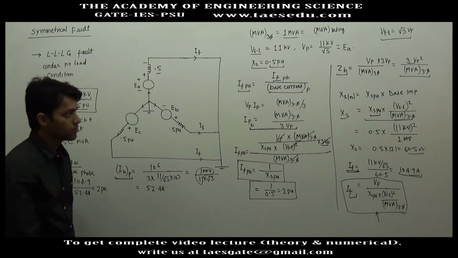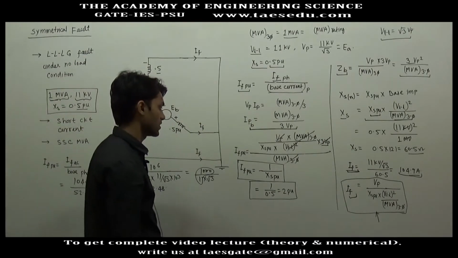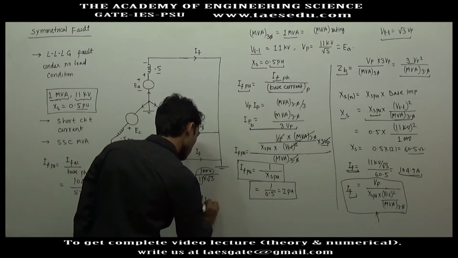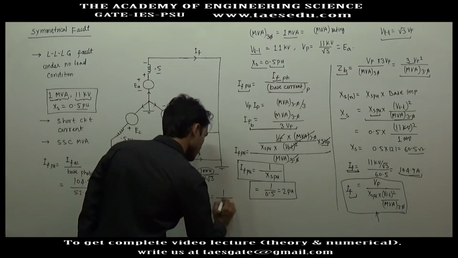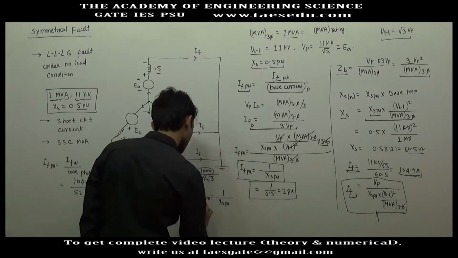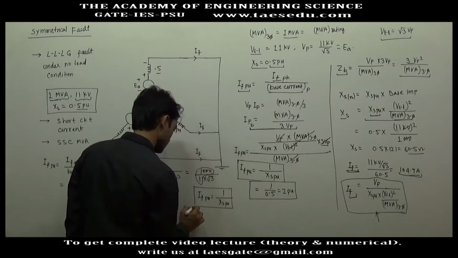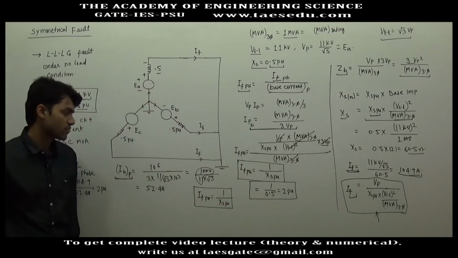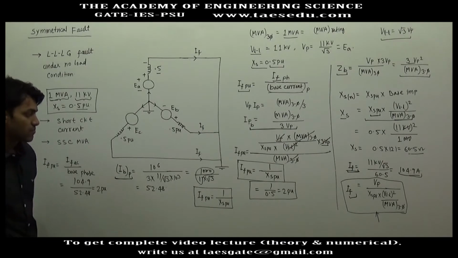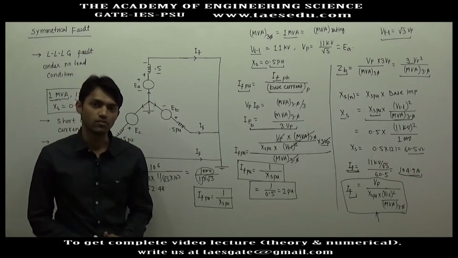Now if we do the same exercise for delta connection, we will again get the same result. The PU value of fault current will be 1 divided by the PU value of synchronous reactance. So this is the ease we have when we represent the quantities in PU value.